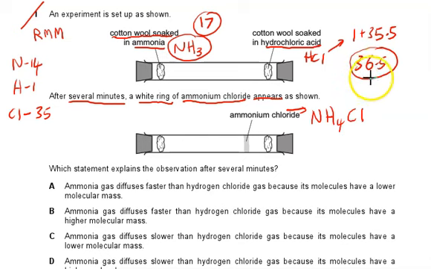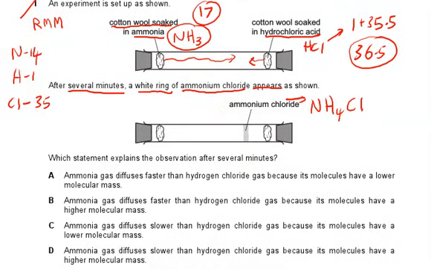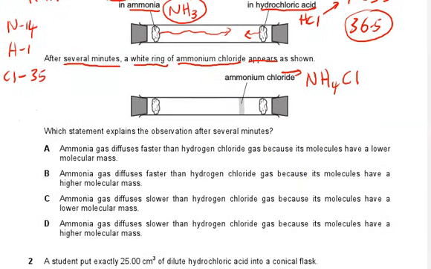So it has higher inertia, and ammonia is lighter, so it will diffuse much faster, and the other one will move a bit slower. So your answer here will be: ammonia gas diffuses faster. Yes, it's correct, because its molecules have a lower molecular mass.